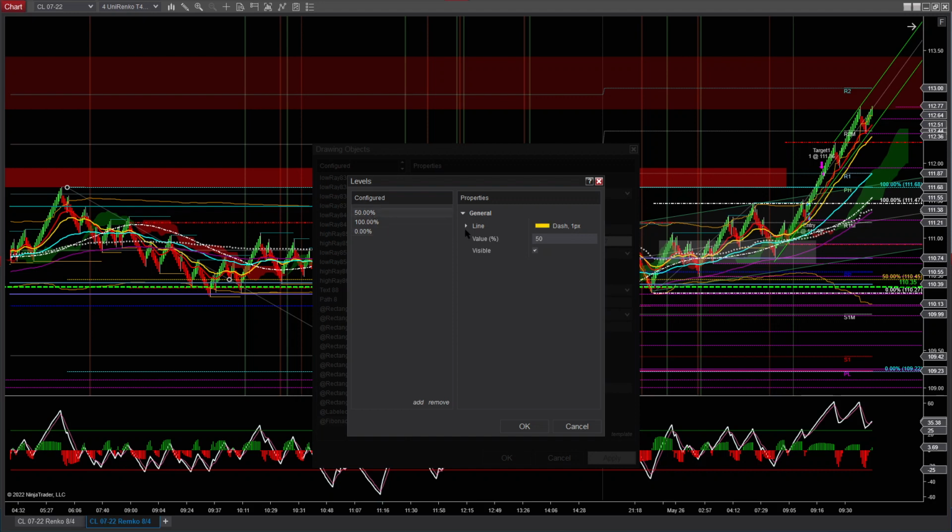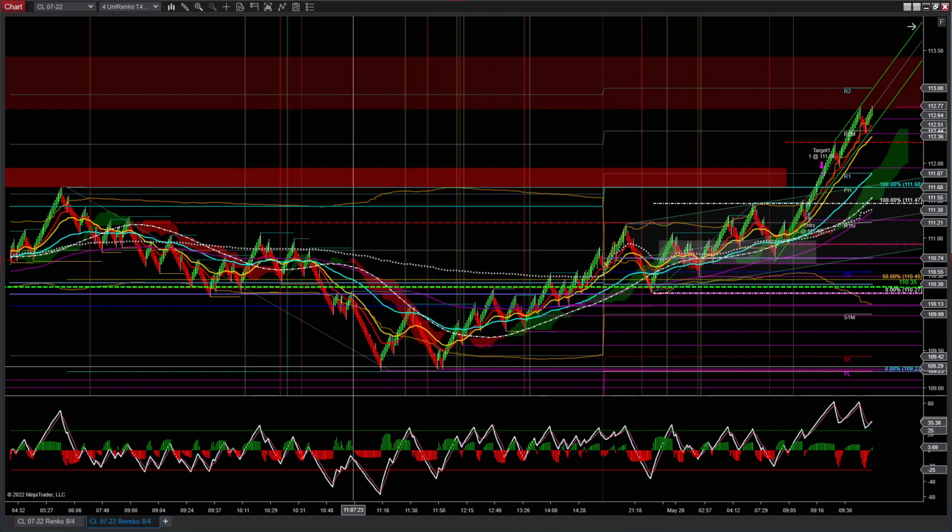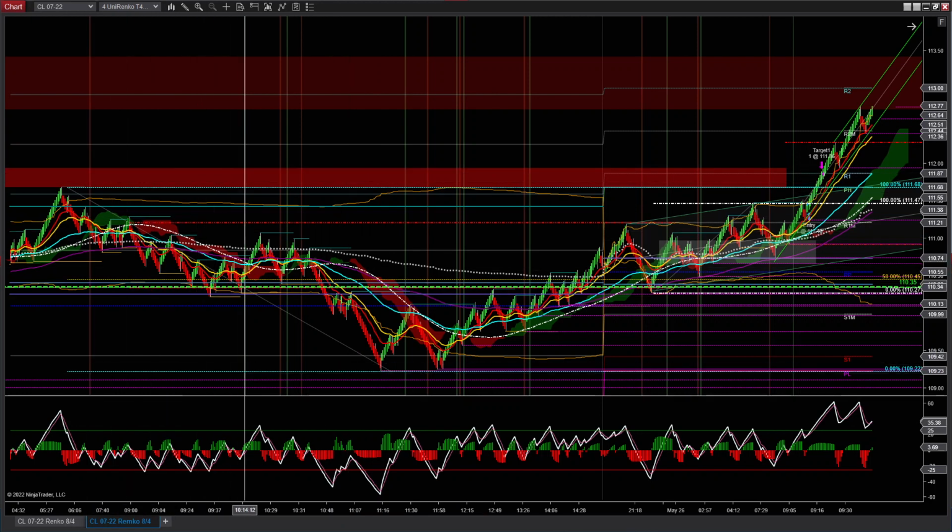The mid is with gold, and it's also dash lines. Okay, so in that way I know what is yesterday's high, yesterday's low, and the mid. The mid normally acts as a magnet, so I like to have it identified there.